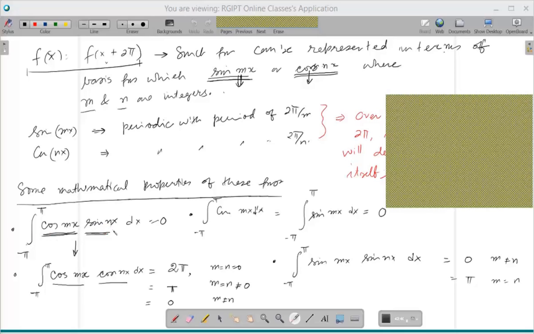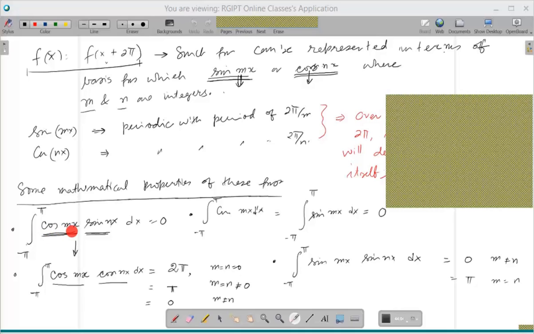So odd and even multiplied will be an odd function, therefore it will be 0. The integral of an odd function from minus a to plus a is always 0. Does that make sense, Satveer?